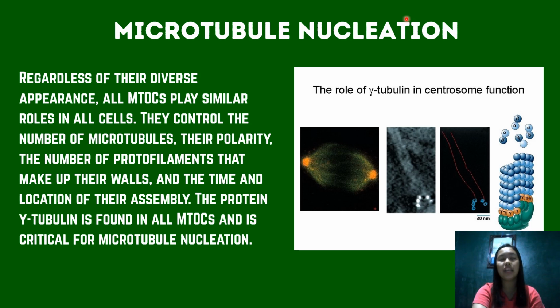Ang γ-TuRC ang nagdedetermine ng polarity ng microtubule at nagiging cap sa minus end na nagpipigil sa pagkawala ng tubulin subunit. Ang mga mutations sa gamma tubulin ay nagre-resulta sa mababang microtubule nucleation na nagbibigay din sa mahalagang papel nito sa function ng centrosome.